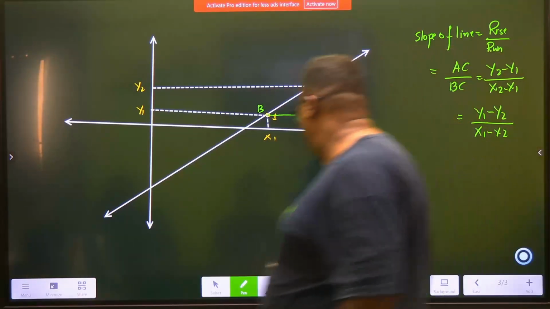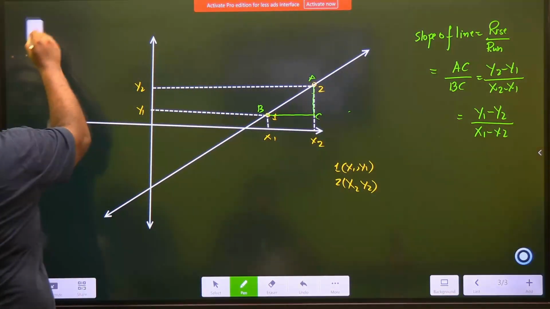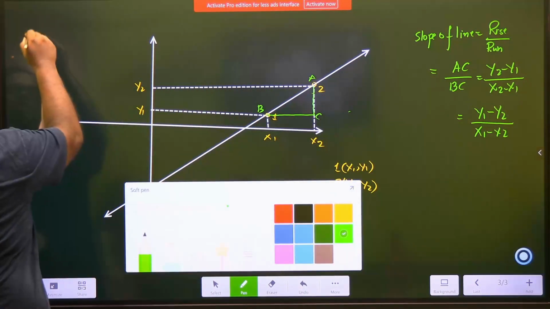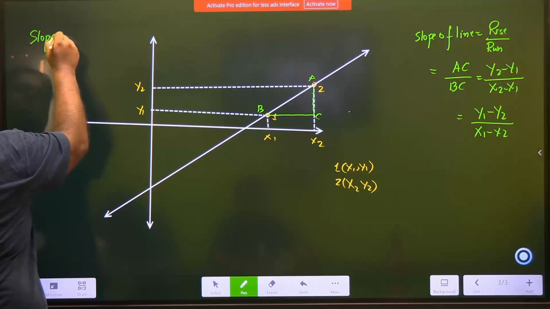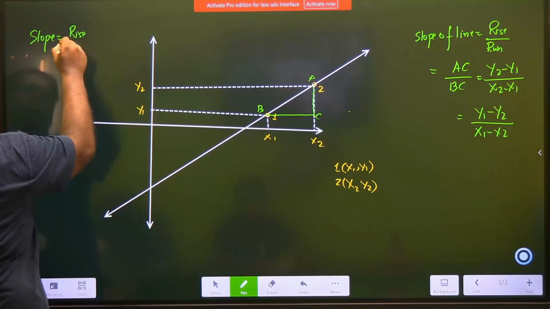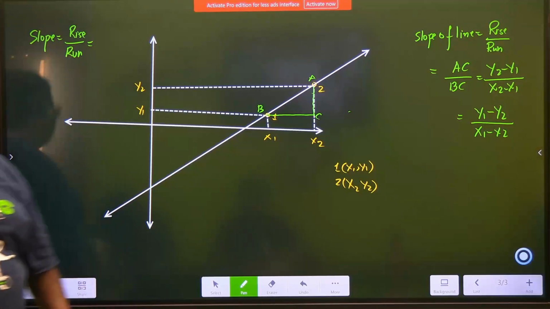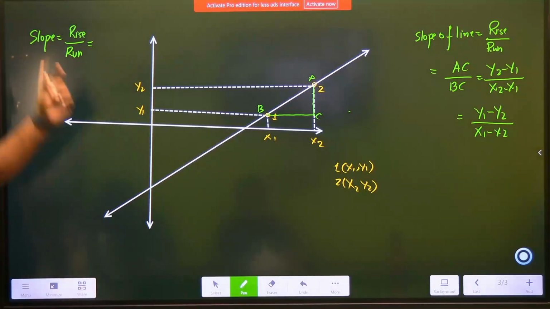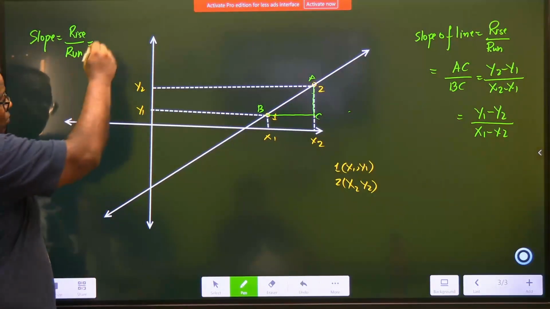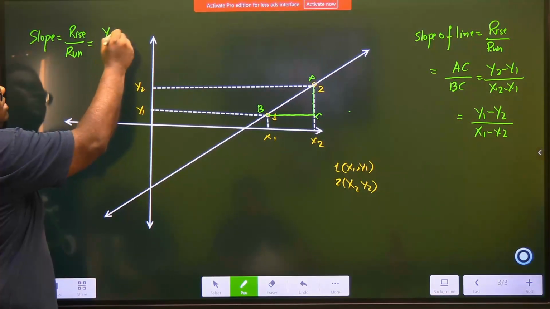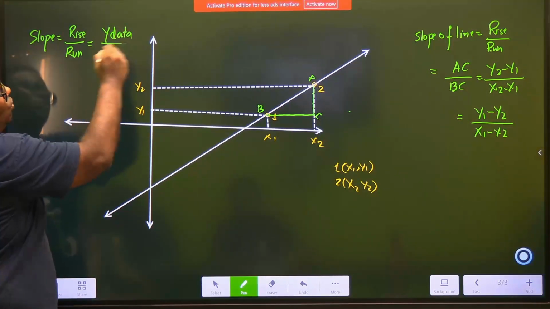But if you observe it properly now, you will say slope is a rise over run, which is nothing but a difference of y data over a difference of x data. This is important for physics. Rise is always a y coordinate data over a x data.